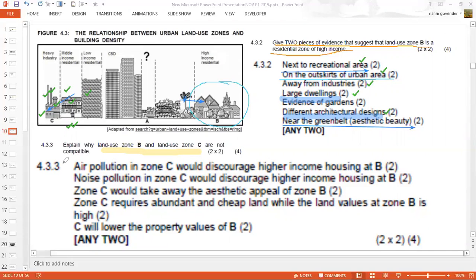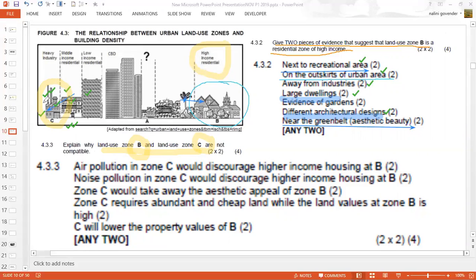We have to know what B is. Land use area label B is going to be the high income area. And land use label C is going to be the heavy industrial area. Of course, they can't be compatible. See how far they are from each other. Why are they incompatible?